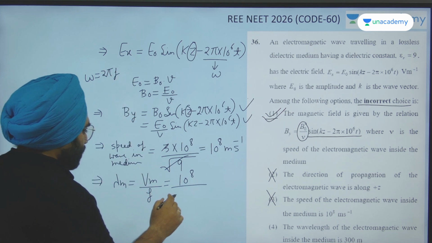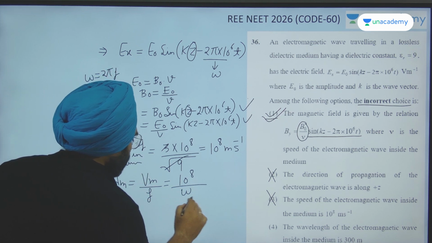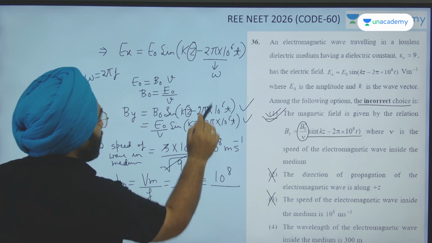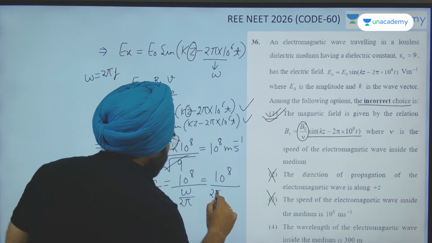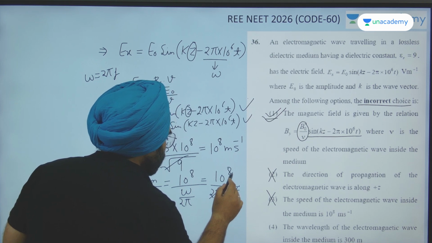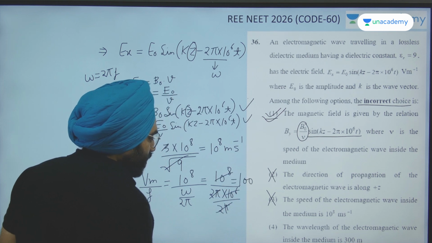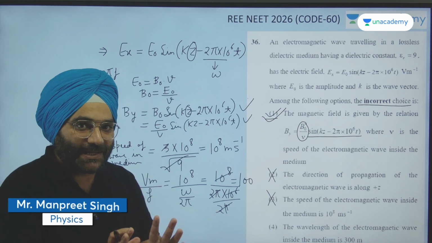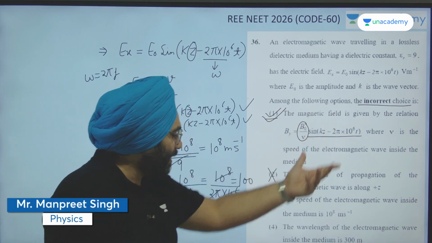So frequency will become what? Omega divided by 2 pi. 10 raised to power 8, omega already I mentioned, 2 pi into 10 raised to power 6 divided by 2 pi. The answer will be coming how much? 100. But how much they have given here? 300. So fourth is the incorrect answer, but we have to mark the incorrect, so that is our answer.